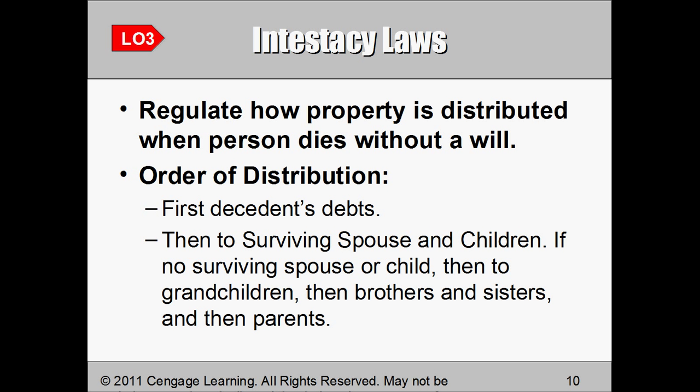So the order of distribution is basically the debts. The decedent's debts are paid first. Then it goes to the surviving spouse and children. If no surviving spouse or child, then to grandchildren, then brothers and sisters, and then parents.